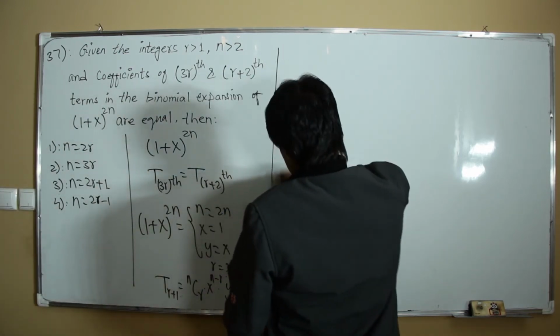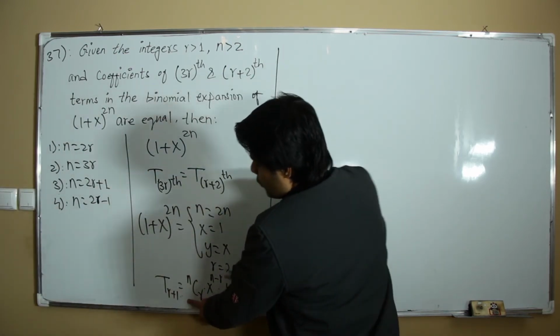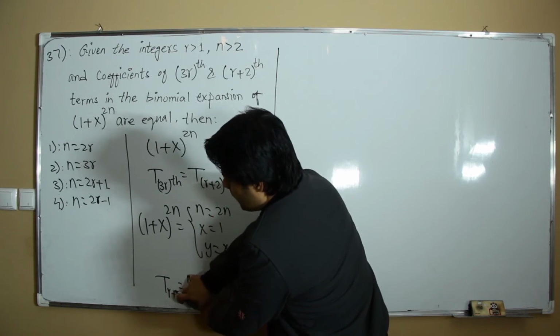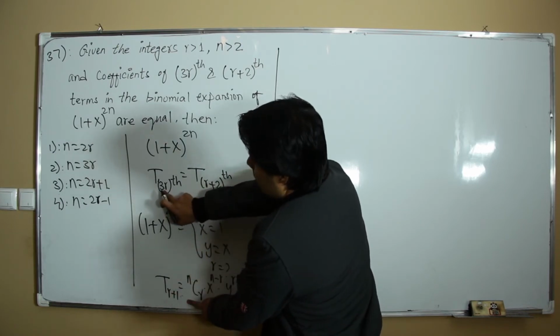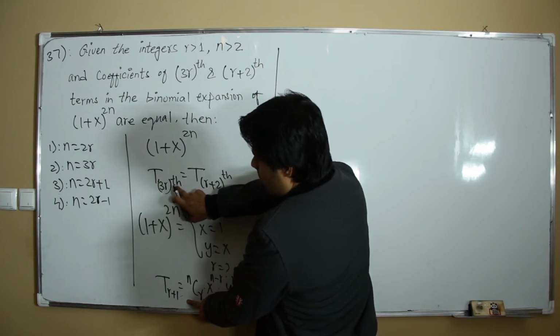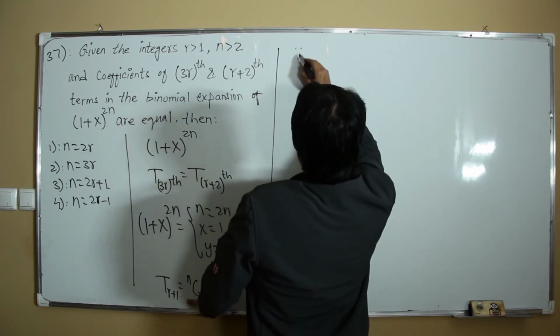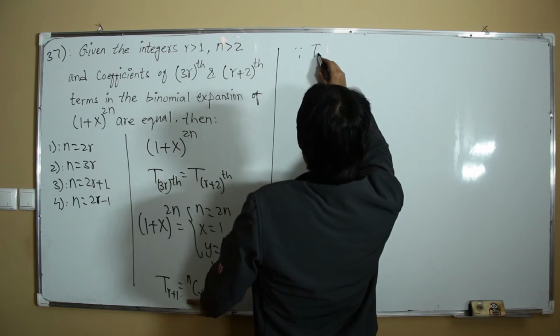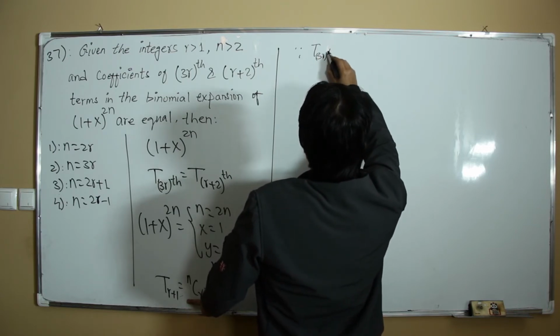Now, according to this formula, we know t r plus 1, but we have to find the t 3r term. How can you find this one?